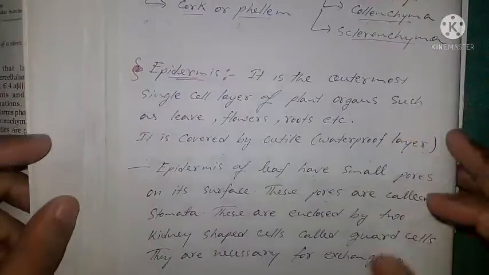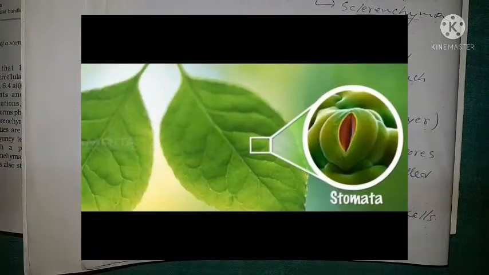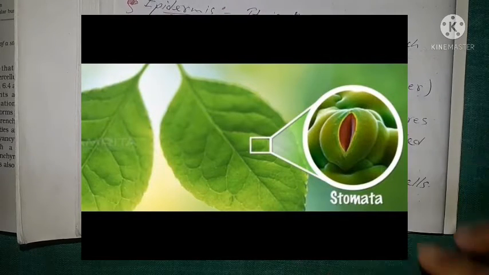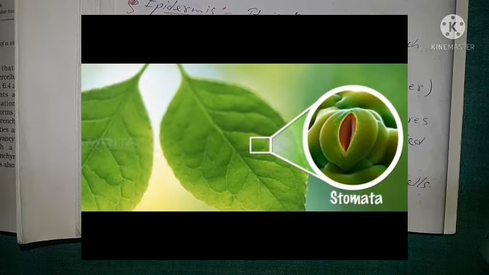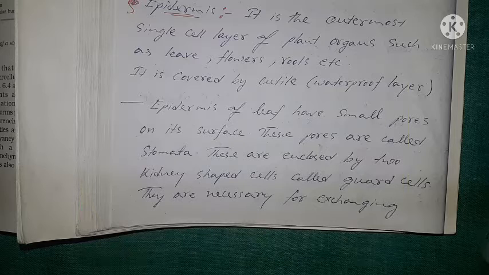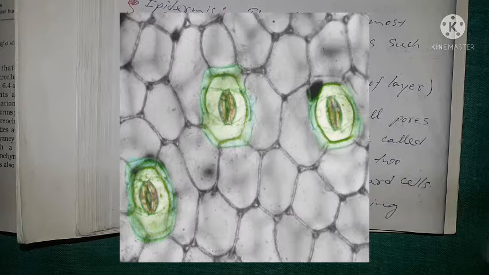As we can see in the picture, this is the leaf of a plant, and the leaf consists of stomata, which we have already learned in the lower classes. It is enclosed on the two sides by two kidney-shaped cells, and these cells are called guard cells.